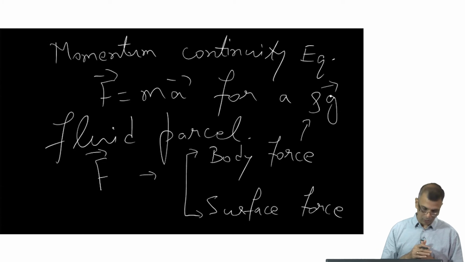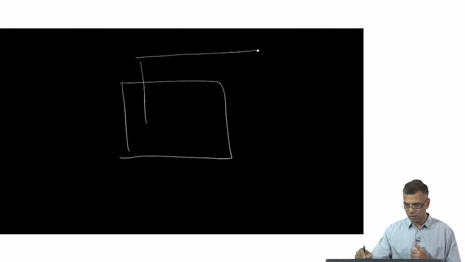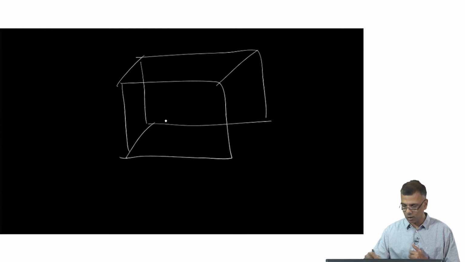An example of a surface force would be one where you imagine a little imaginary cubical surface. One of the surfaces can be free or not. So, these are the different surfaces, and let us label the axes.